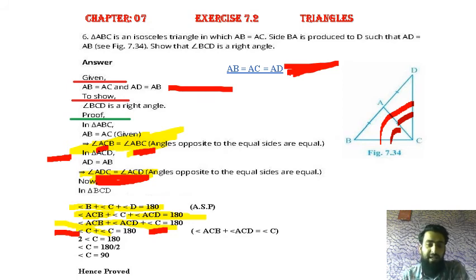So angle C plus angle C makes twice angle C, equals 180. Transposing 2 to the other side, it was in multiplication, so it will get divided: angle C equals 180 by 2. Angle C equals 90, and that is what we had to prove, that angle C is a right angle.